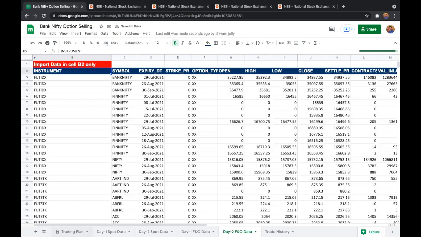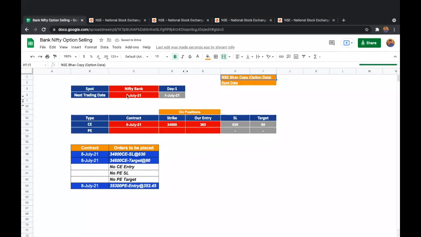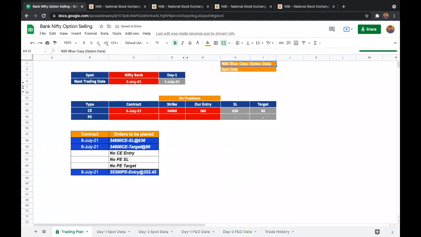So now all the relevant data points have been uploaded, right? And the Google Sheet will calculate the relevant orders to be placed the next trading day. As you can see, this box is there, and you have to place the orders that this box suggests.